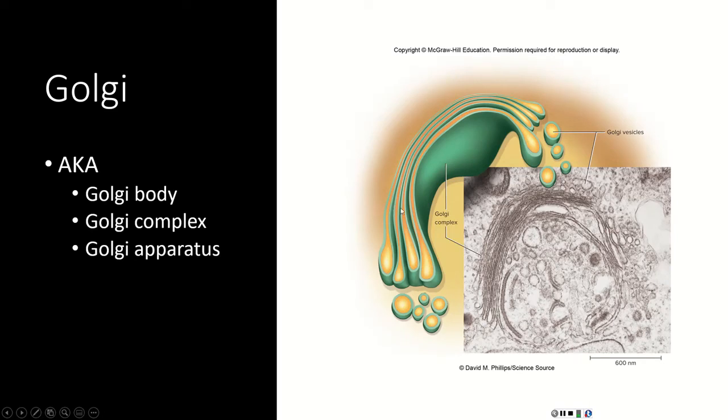The Golgi is going to modify that protein. It's going to snip some pieces off. It may add some pieces to it. And then when the modification is done, a piece of the Golgi is going to break off and form a vesicle. And that vesicle now has the finished protein inside of it.